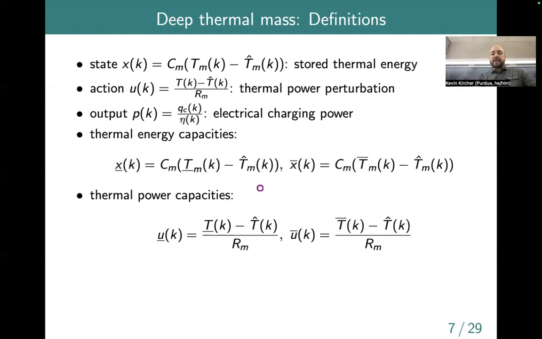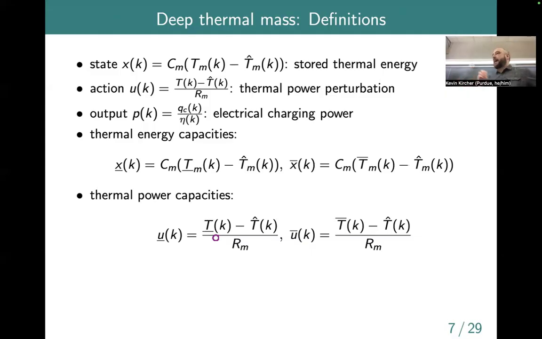And then we've got capacities. These are defined exactly the same as the air, for the energy capacities. The thermal power capacities are defined a little bit differently. The limiting factor in our ability to dump heat into the deeper thermal mass of a building is how hot or cold we can make the air around it.